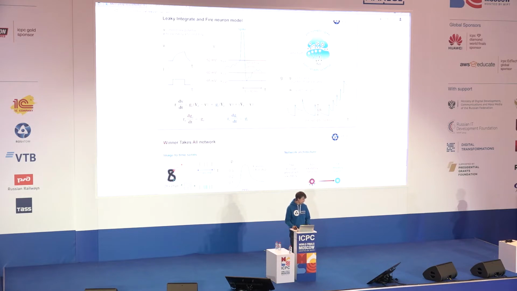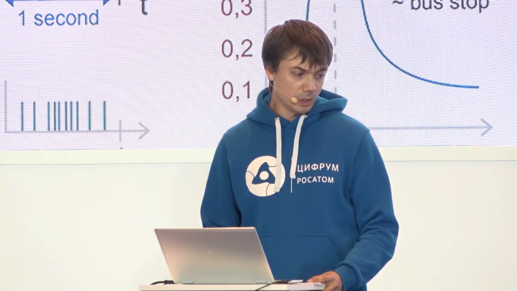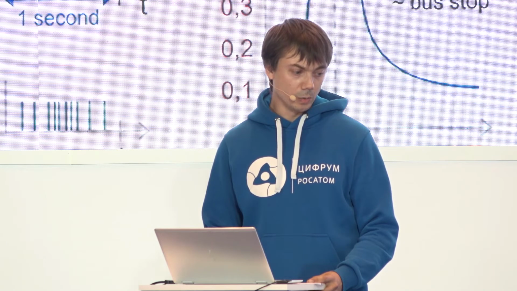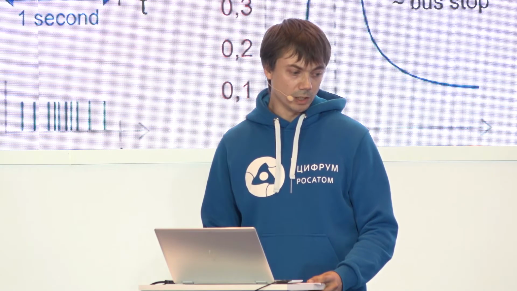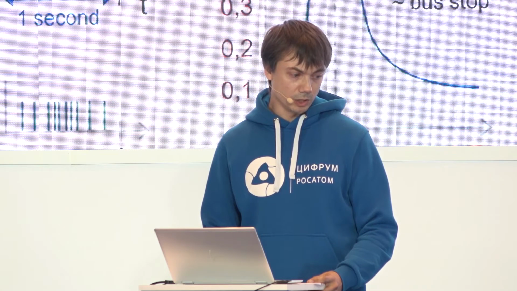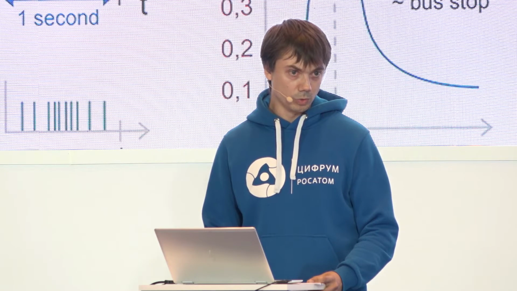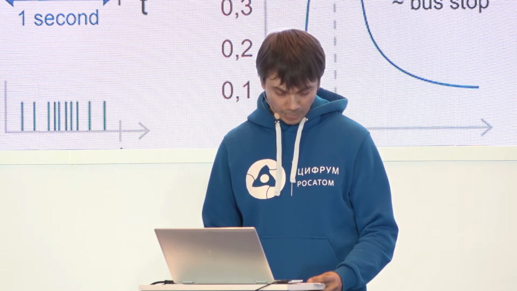In our experiment we use the leaky integrate-and-fire neuron model. To model neural dynamics, we use a leaky model. What does leaky mean? If we inject a constant current I into the neuron, the membrane potential will rise not instantly but exponentially. And if we switch the current off, then the membrane potential starts to flow to its resting state.